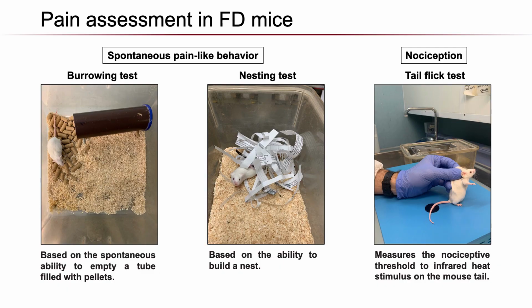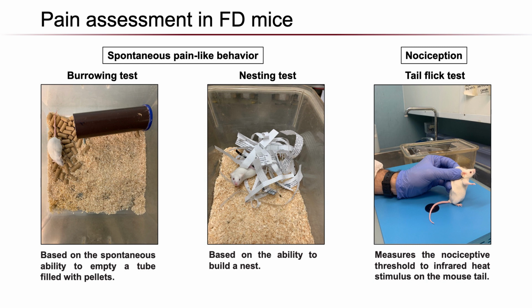Animals are nonverbal, and measuring pain can be very tricky. It involves observing surrogate measures of pain or signs of animal well-being. We decided to use 3 tests, 2 assessing the spontaneous pain-like behavior of the mice.